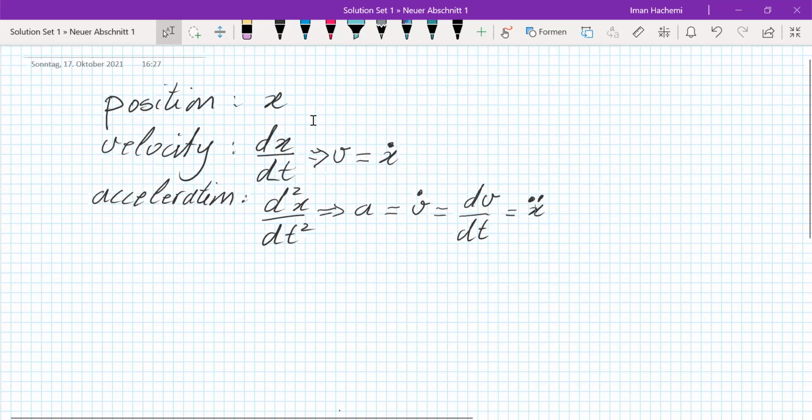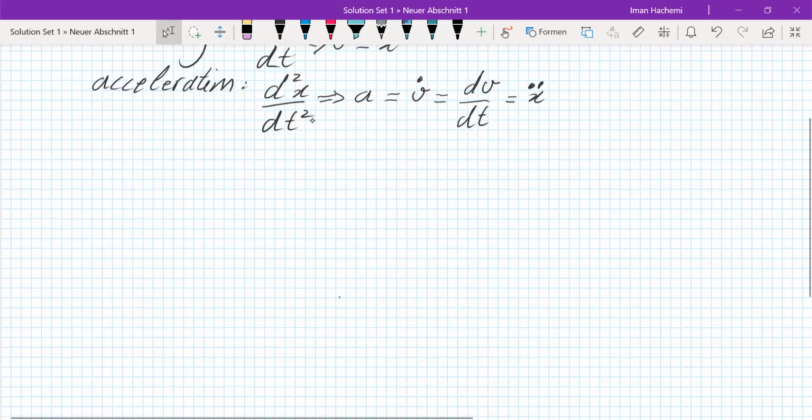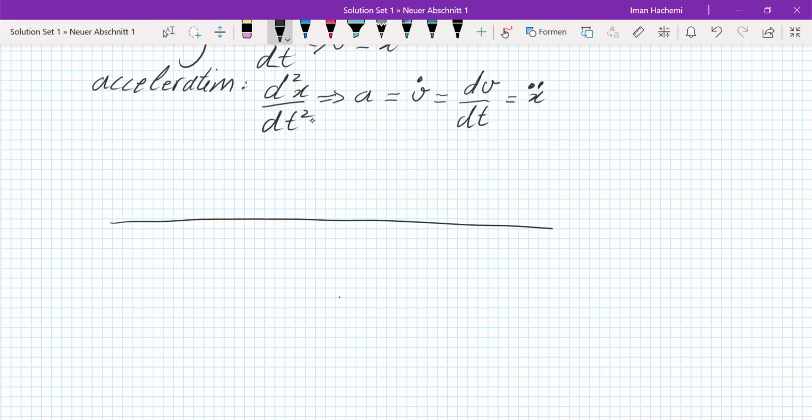It means what we have in general, we can summarize in the table here.